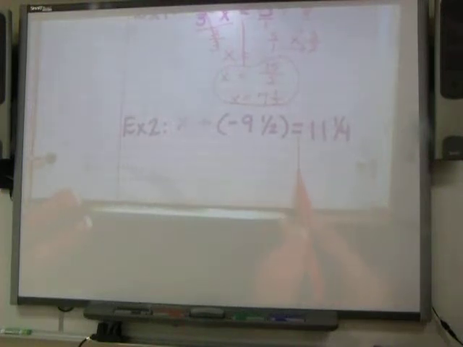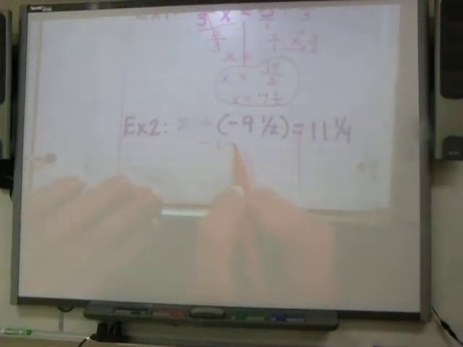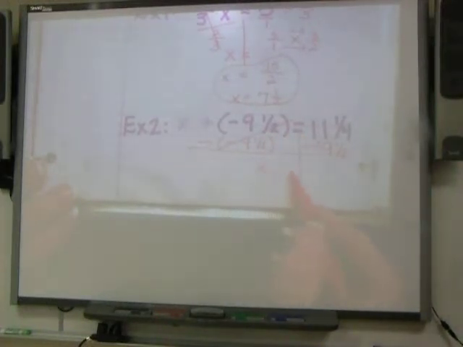This is the middle of your balance. What has been done to x? I have added negative 9.5. So I'm going to subtract a negative 9.5 from both sides. When I do that, that cancels out, leaves x by itself.